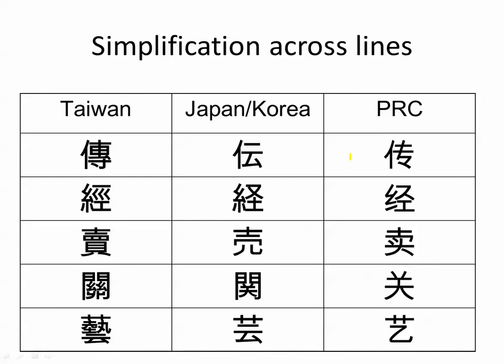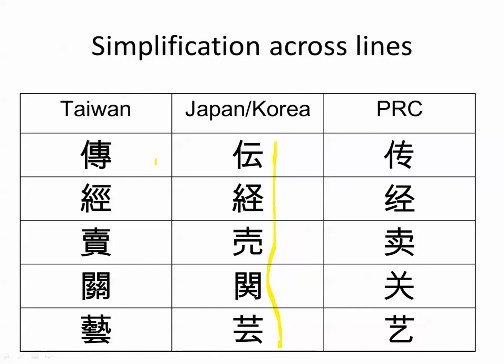In the PRC, however, these more traditional forms that people had been using didn't necessarily become implemented. And the simplification process in the PRC was more wide sweeping than it was in Japan. So in other words, there are more characters in the PRC that got simplified than there were in Japan when the government made these decisions.